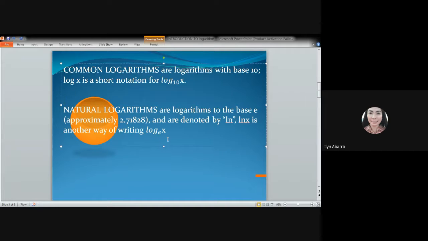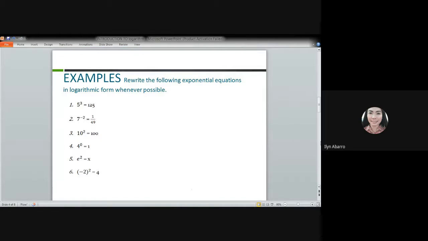So, when the base is e, it is a natural logarithm, and when we write it in logarithmic form, it is ln x. Okay, let us have some examples.